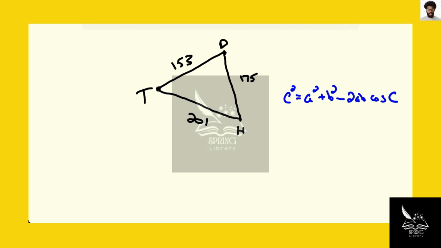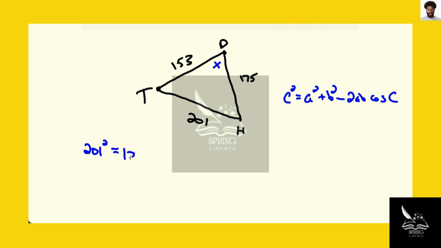This setup seems to be something that you would use the law of cosines for, so hopefully that is what you're currently studying to make sense of this. I've written the law of cosines out here, and let's say we wanted to find this angle first, where Dick is. Well, the side opposite would be 201, so that would be 201 squared equals the other two sides, which would be the a and b in the formula.